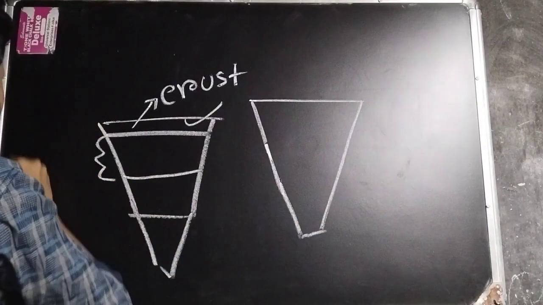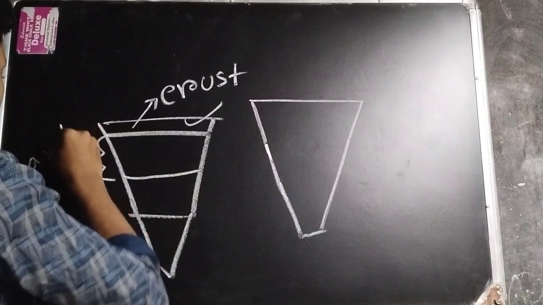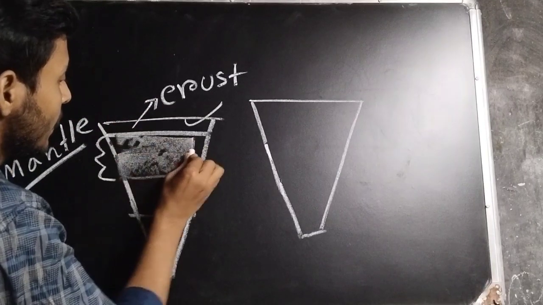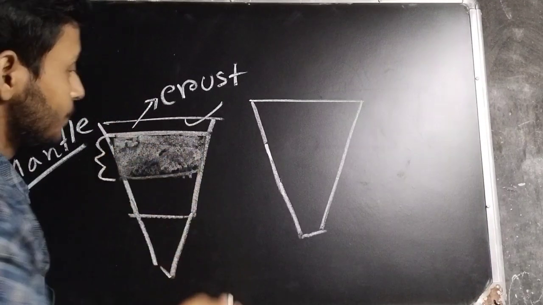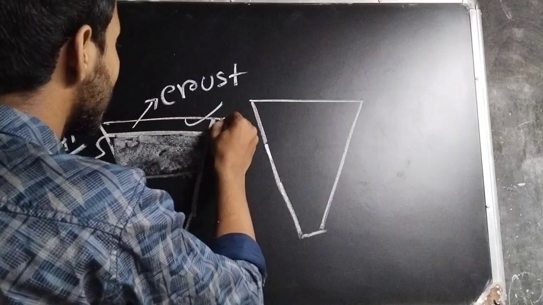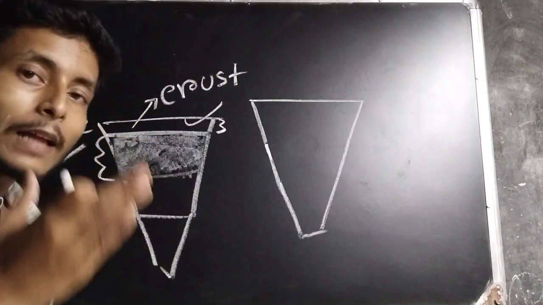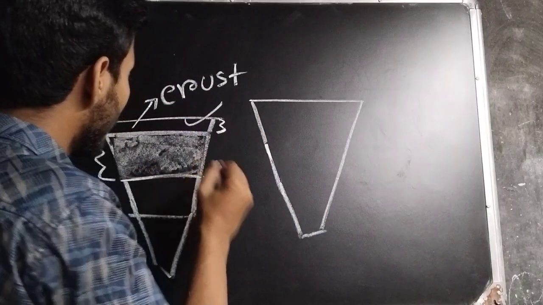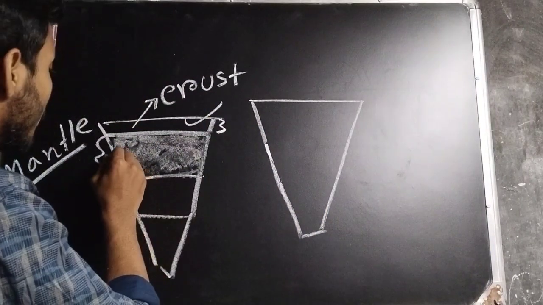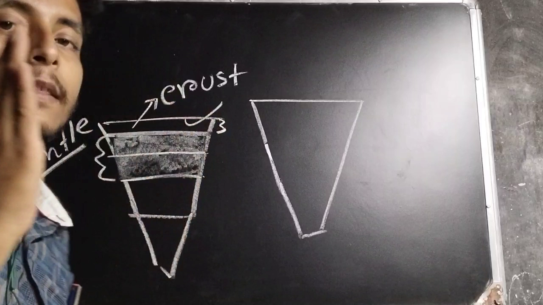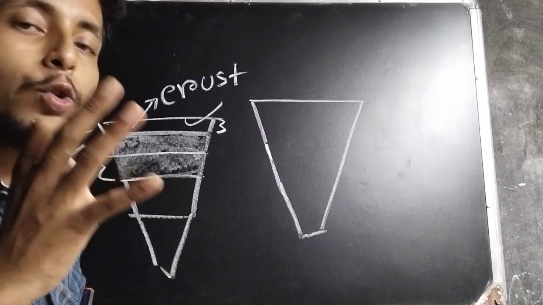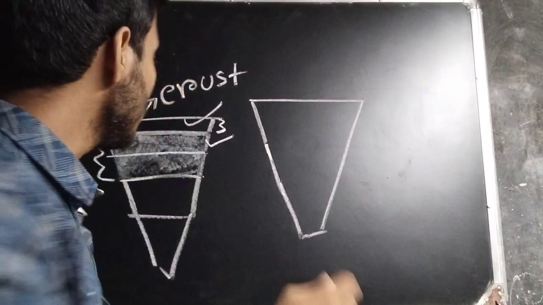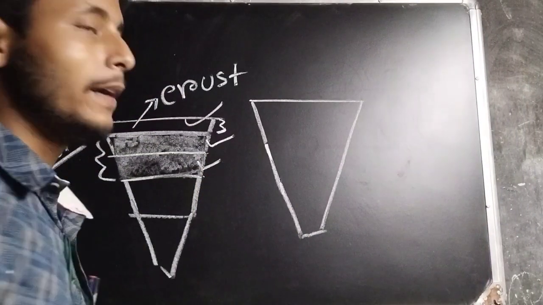After the crust, in the interior portion of the earth, we get the mantle. The mantle is divided into two zones. The first zone is called the upper mantle and the second zone is called the lower mantle.